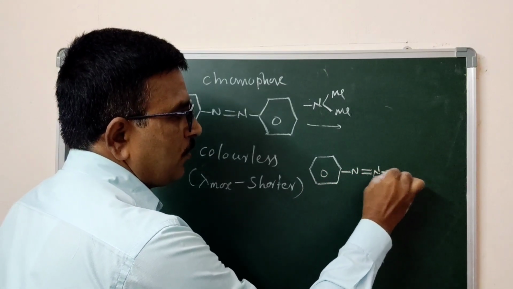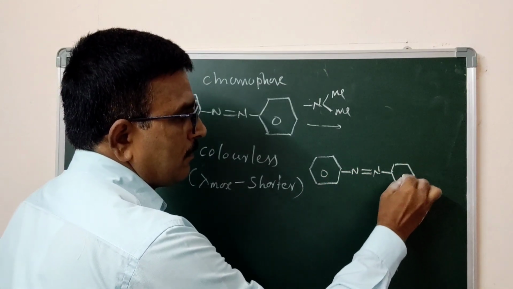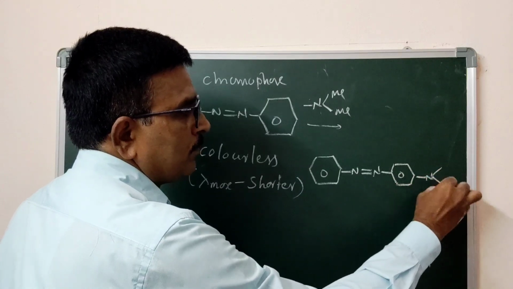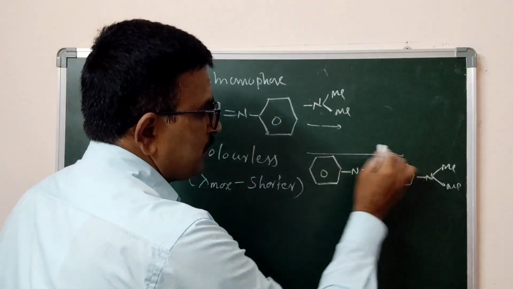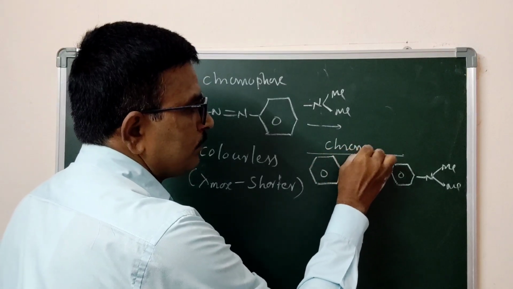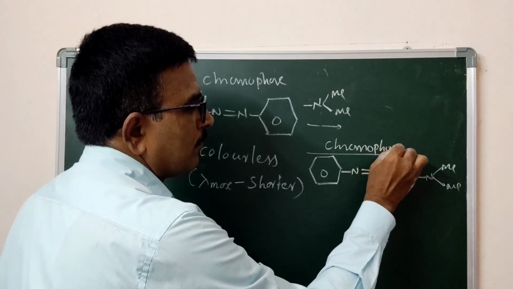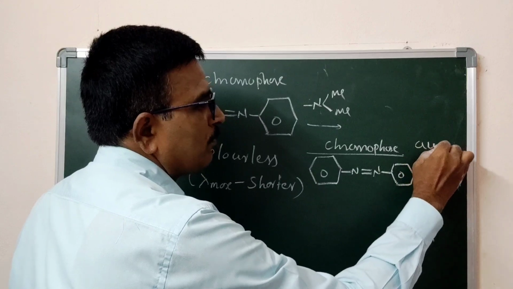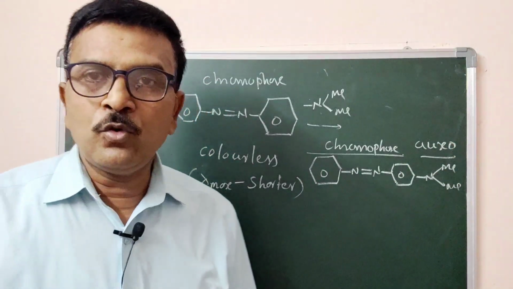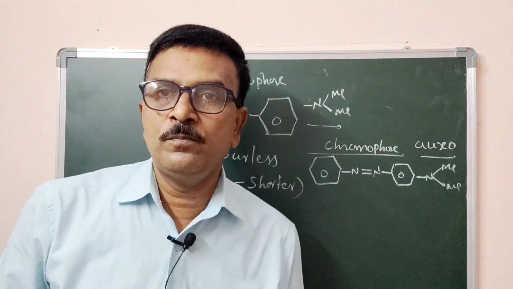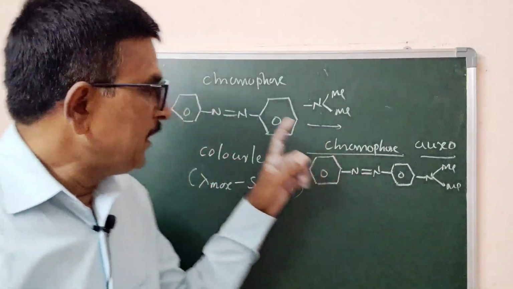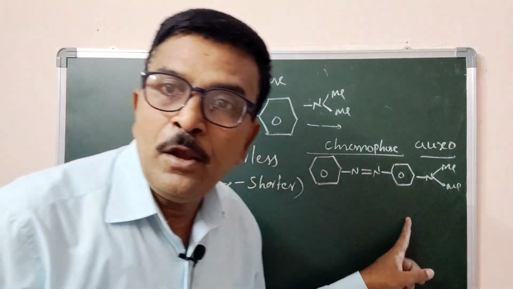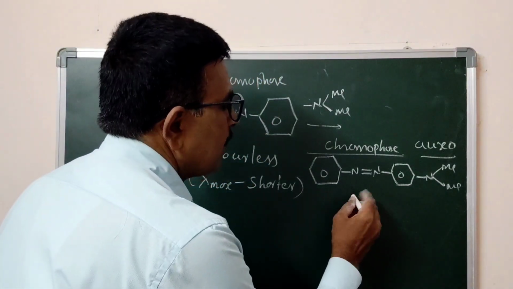Nitrogen double bond nitrogen, and the auxochrome NMe2. Up to this is the chromophore. This is the auxochrome. We introduced an auxochrome. Now immediately when the auxochrome is introduced, its color becomes yellow.